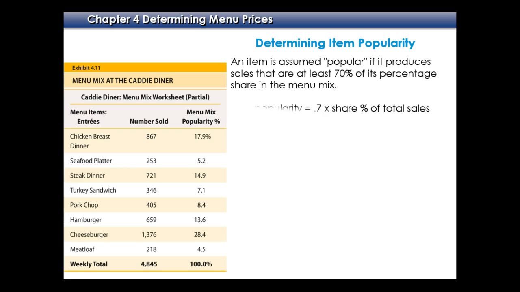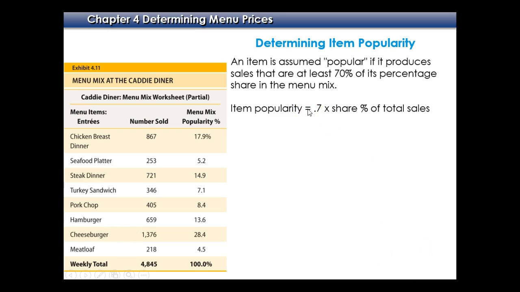So maybe we'll go on a little bit further. The item popularity: you want to take that 70% and multiply it by the percentage of total sales. If you read the little paragraph below, this is important, but it does not fit into the next equation.